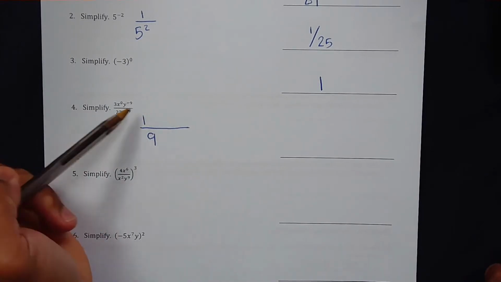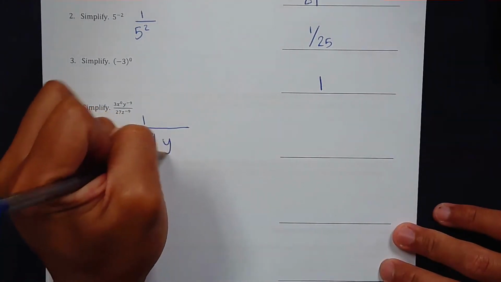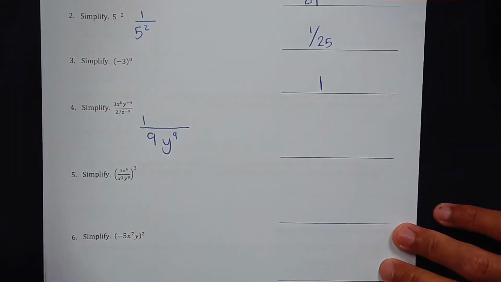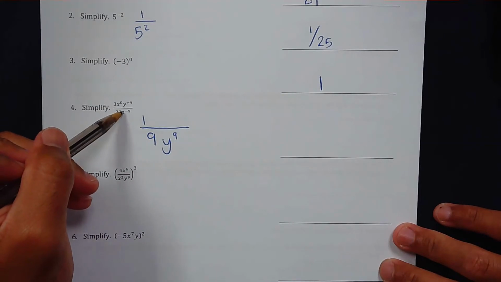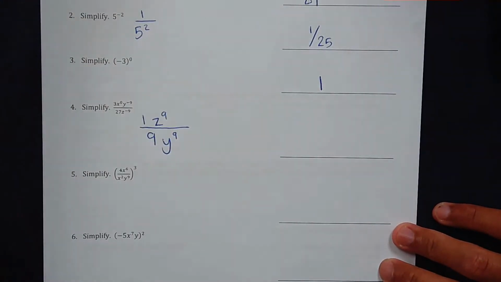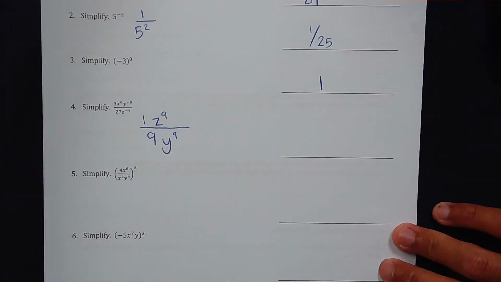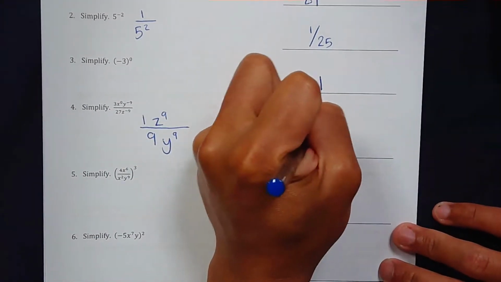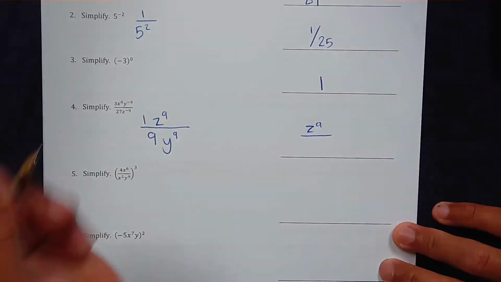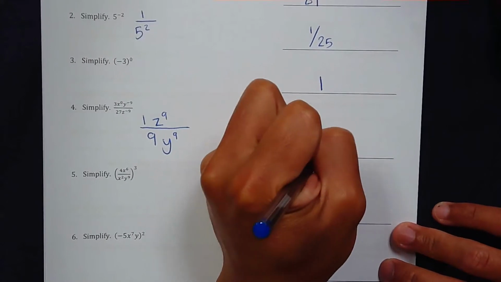So since this y to the -9th is in our numerator, we move it down to our denominator, y to the 9th, make it a positive 9, and then we move the z up. That becomes z to the positive 9. All right, so that's what I was talking about, we technically don't need this 1, because if we multiply 1 times z to the 9th, that's still z to the 9th. So our final answer, z to the 9th divided by 9y to the 9th.